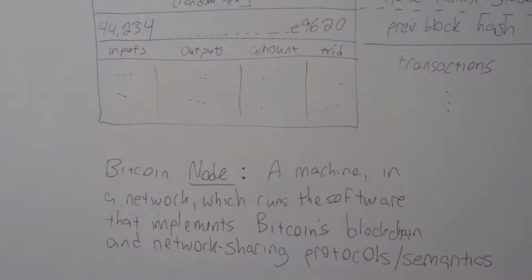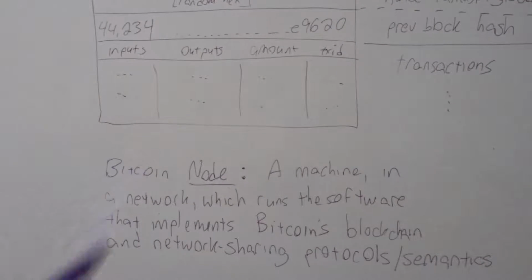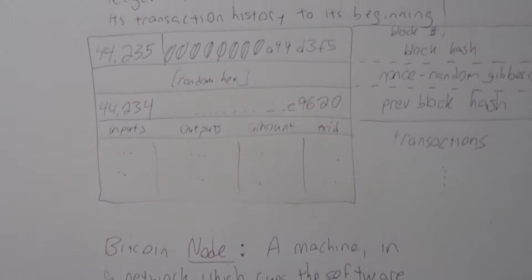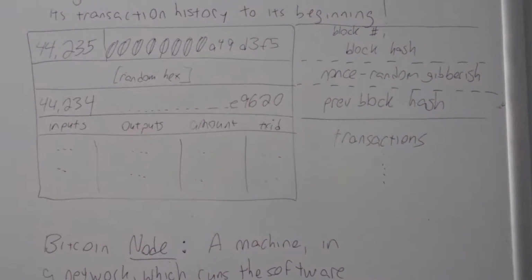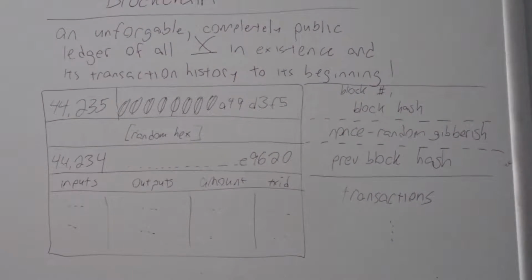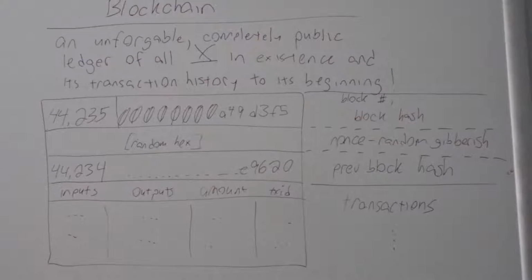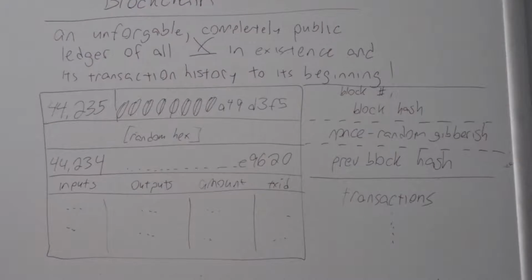And so to understand what data is on the blockchain, we're going to have to look at a single block. So let's go to a single block here. Now, a single block has a few components of which we want to speak. And we'll trace back each component to the properties of the blockchain that implement it.